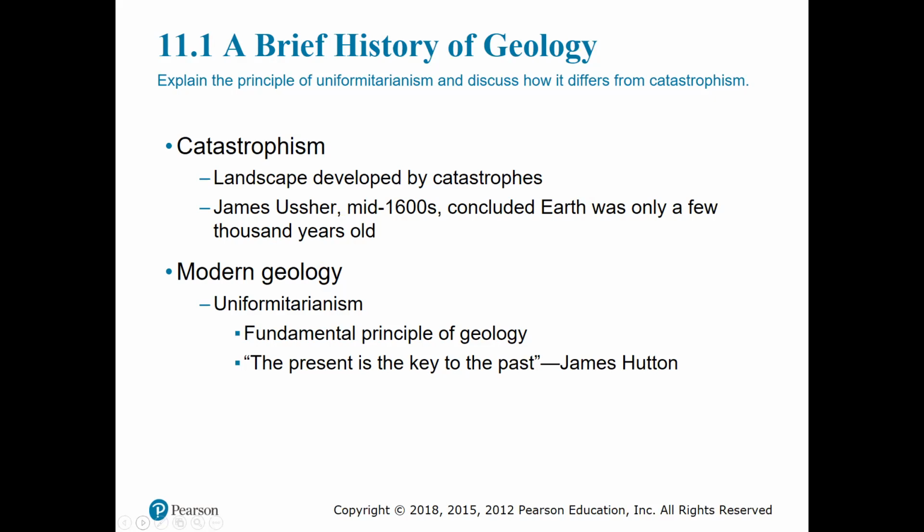And so Hutton just kind of put that all together and said, yeah, we've got these processes, and just because we weren't around to see them taking place in far distant history doesn't mean that they weren't taking place. So the basic tenets of uniformitarianism are just as viable today as they were in the 1700s when James Hutton was making these principles and coming up with these ideas.